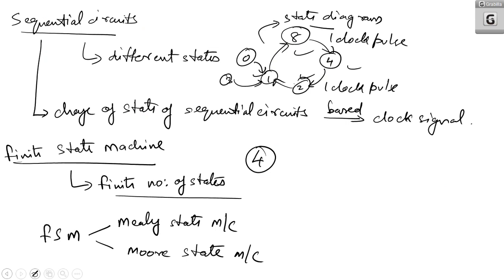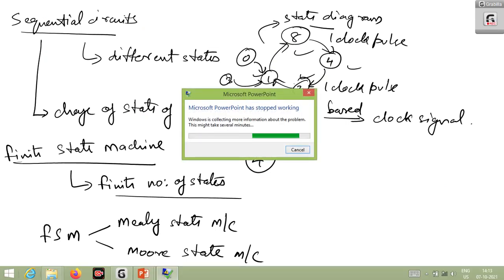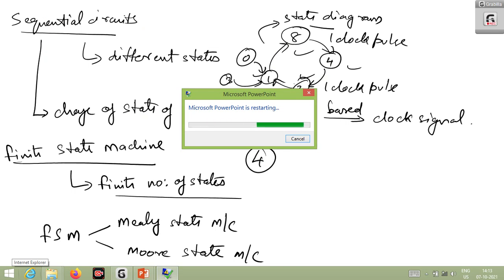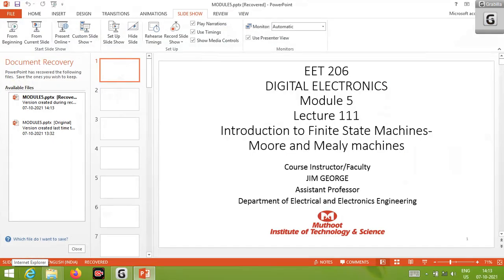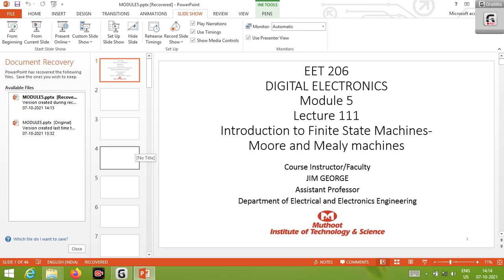Finite state machine means it can pass through a finite number of states. Then we have done the logic circuit of FSM, that is Moore state machine and Mealy state machine, and we have brought two examples of finite state machines. Thank you.